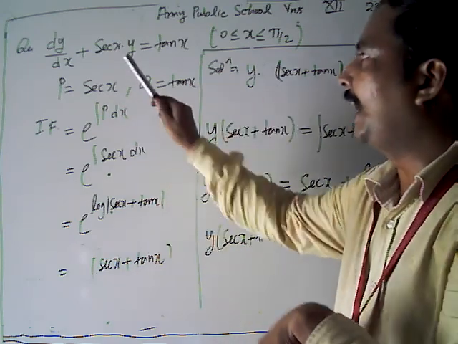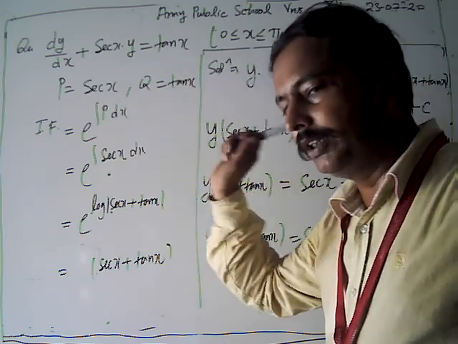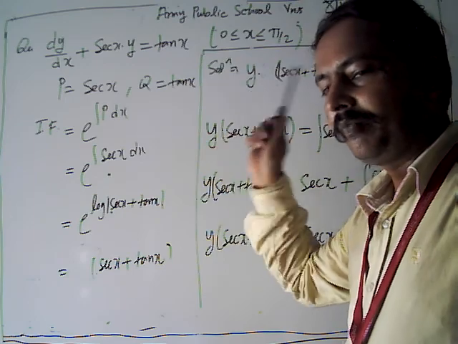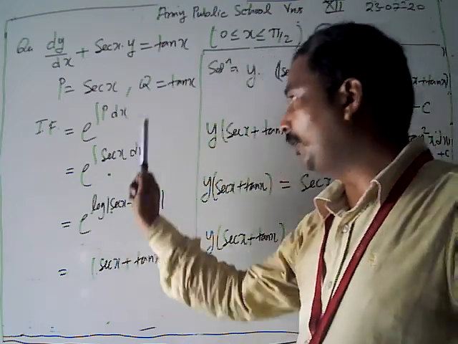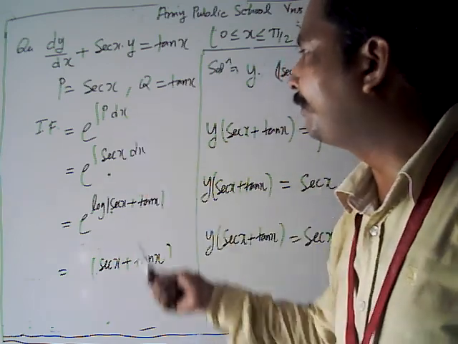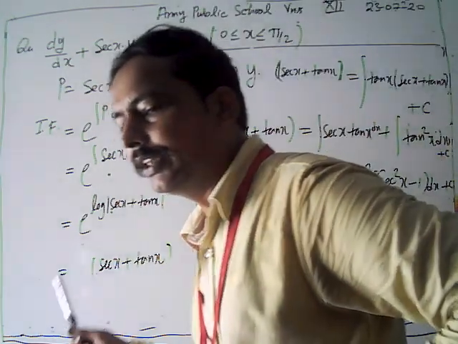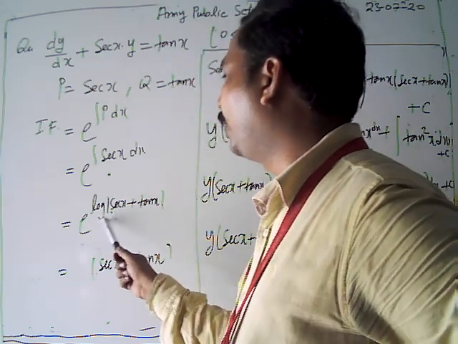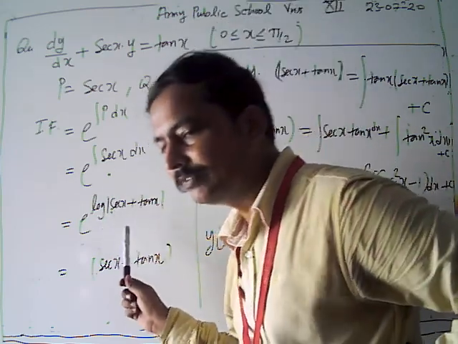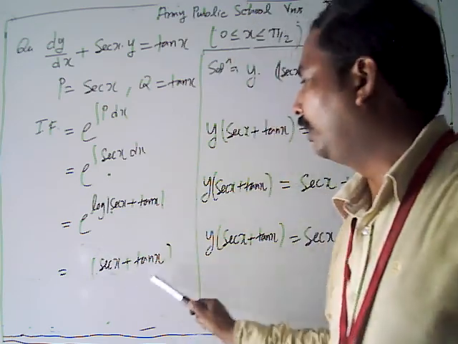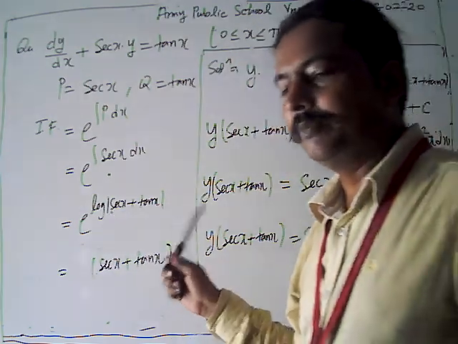First of all, we have to write it in the standard form. After writing it in standard form, we get our p and q. After getting the values of p and q, we first find our integrating factor, e to the power integral of p dx. p is sec x, so e to the power integration of sec x dx. Then we get log of modulus sec x plus tan x. e to the power log f(x) is given by f(x), within a modulus sign.